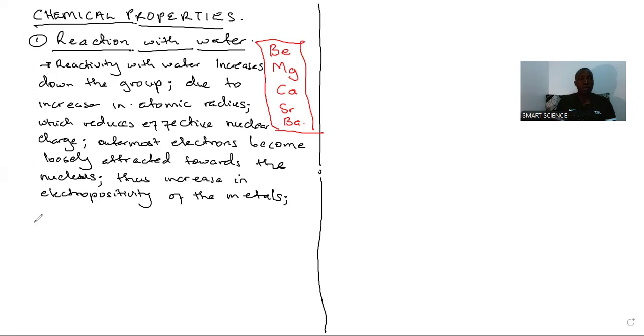So when we consider the first element, beryllium, this one doesn't react with water. It doesn't react with water at any given condition.